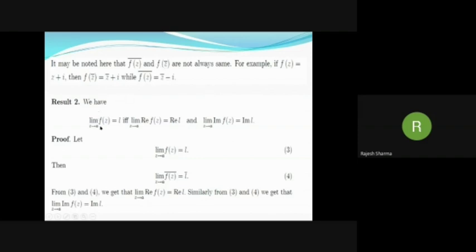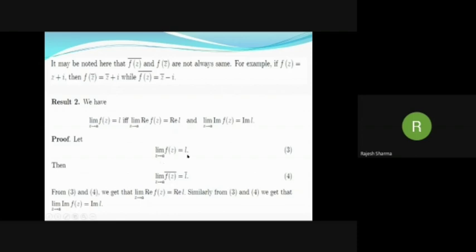Now, the second fact: limit z approaches a f(z) is equal to L if and only if the real part of f(z) goes to the real part of L as z goes to a, and the imaginary part of f(z) goes to the imaginary part of L as z goes to a. Proof: let limit z goes to a f(z) is equal to L. Then by result 1, limit z goes to a of the conjugate of f(z) is equal to the conjugate of L. Now adding these two, as both limits exist, on the left we have limit z goes to a of f(z) plus its conjugate, which is equal to limit z goes to a of 2 times the real part of f(z).